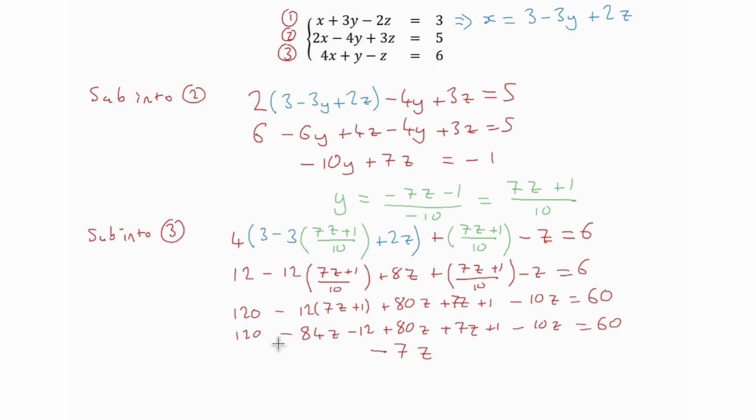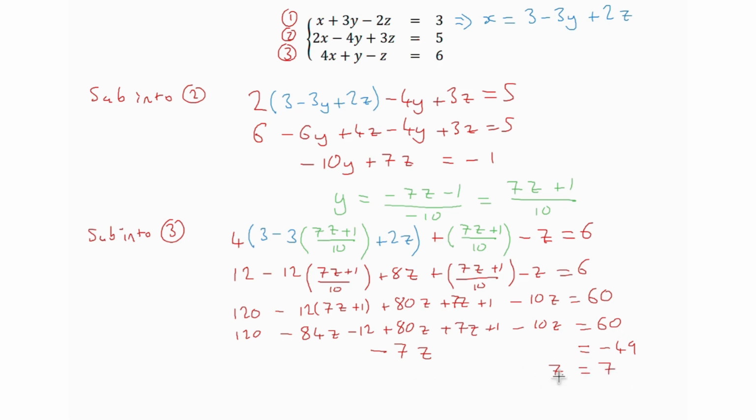And then we have 120 minus 12 plus 1, which is equal to 109. I'm going to take that away from the 60. So 60 take away 109 will give me minus 49. That gives me z is equal to 7.